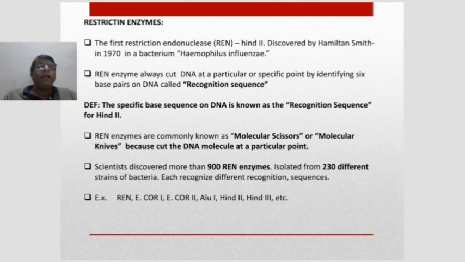What are molecular scissors? For 1 mark, for the main examination. What is recognition sequence? For 1 mark, for the main examination and CET or NEET. Scientists discovered 900 enzymes from 230 different types of bacteria. Look here now.